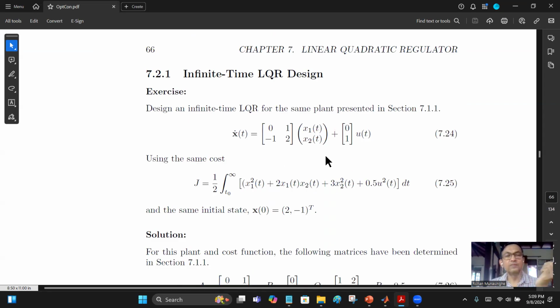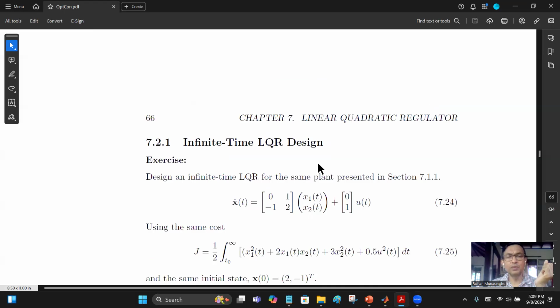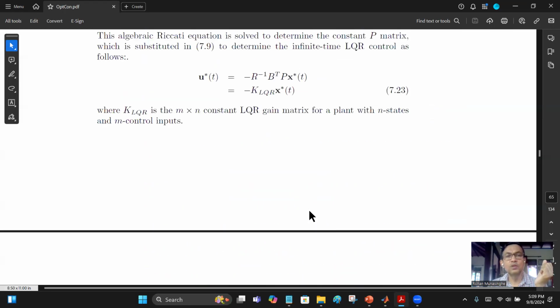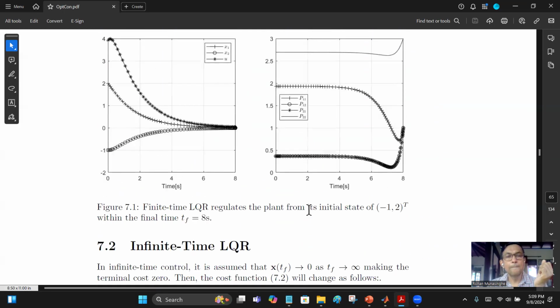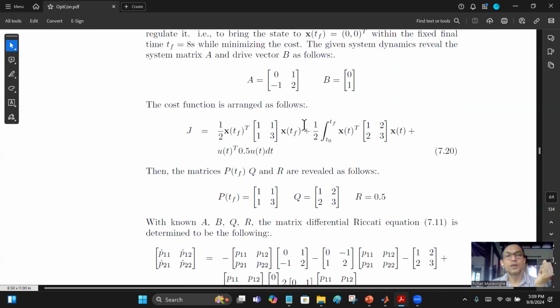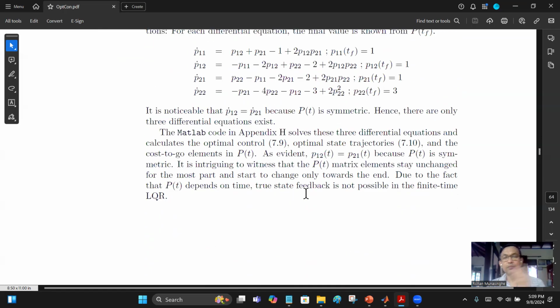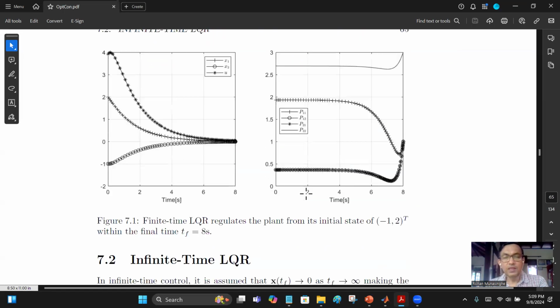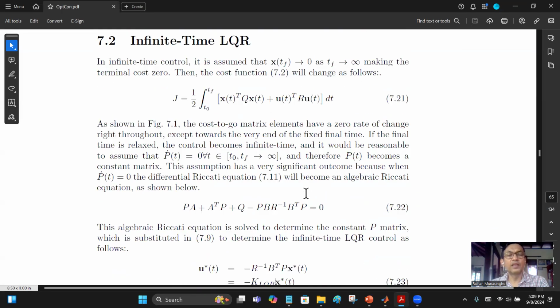So let's look at this example. x dot of t equals 0, 1, minus 1, 2. Is this the same example? 0, 1, 1, 2. Yeah, same example, but it's good. This time, it's infinite time.